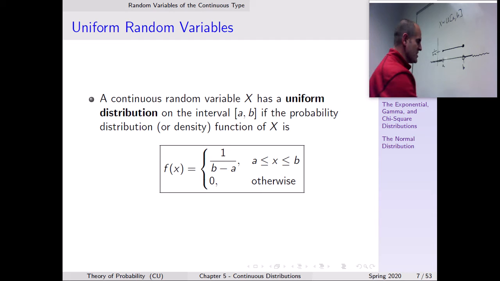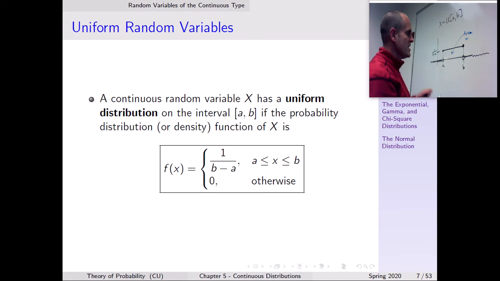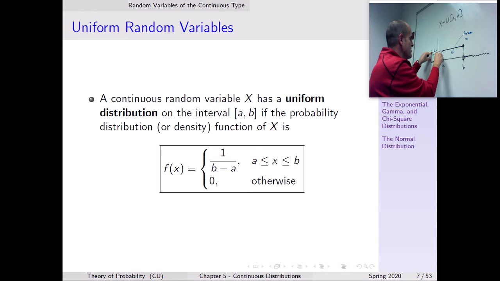Okay, so first of all, is it clear to you that this thing integrates to 1? Well, look, this thing is just a rectangular density. And what is the area under that curve? Well, the height is always 1 over B minus A. And what is the base length of this thing?